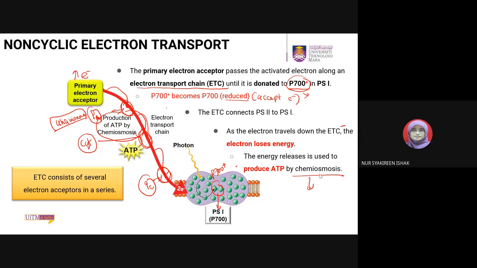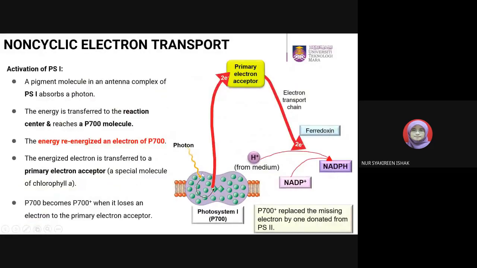Okay, nanti kita akan tengok dengan lagi detail proses chemiosmosis kejap lagi. So kalau kita tengok gambar ni, the electron that was received by P700, now it has very low energy.